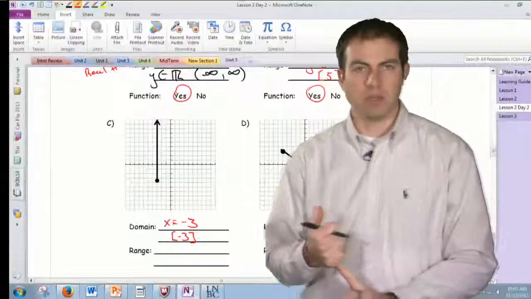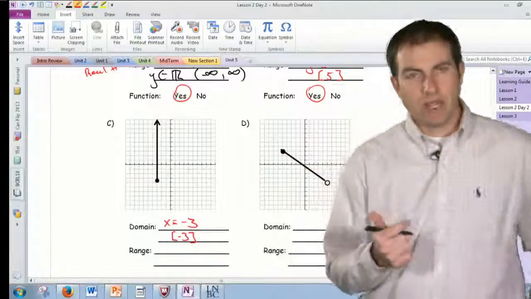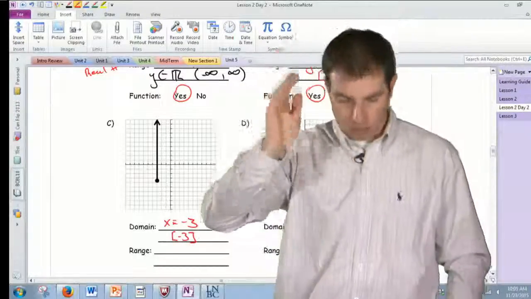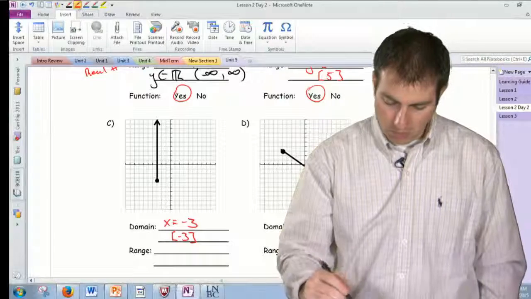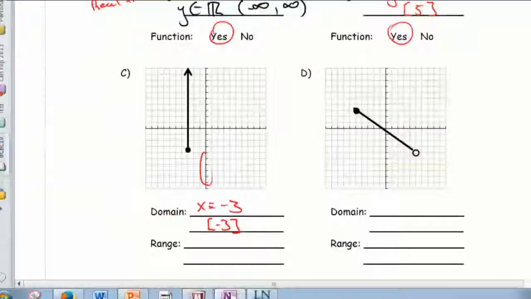How about my y values? What y values am I using? The line kind of just starts in midair and then goes up. So I'm not using any of these y values down here. Anything going down forever, I'm not using. This line is only going up. It's not going down any further.